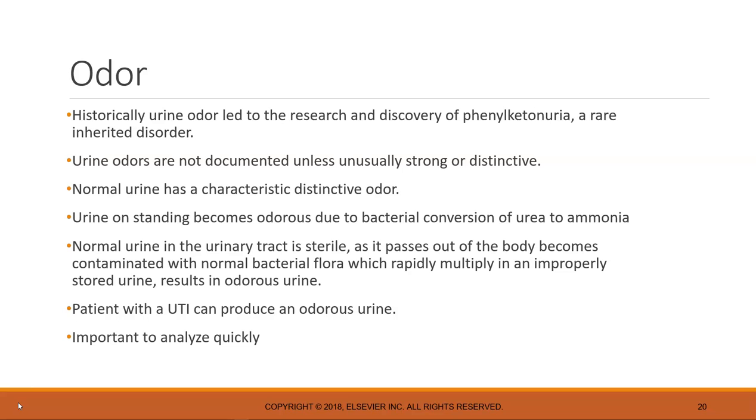Patients with a urinary tract infection can produce an odorous urine because these bacteria have been baking in the bladder and multiplying rapidly, converting that urea to ammonia, so that when they do urinate, this will have that odorous smell to it. That's why it's important to analyze urines quickly or store them properly.